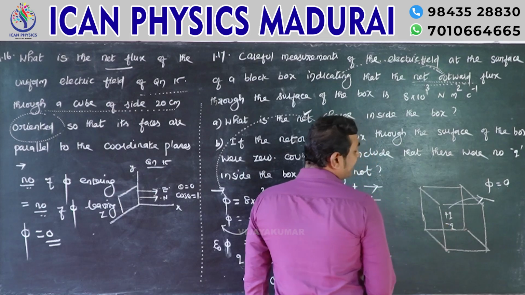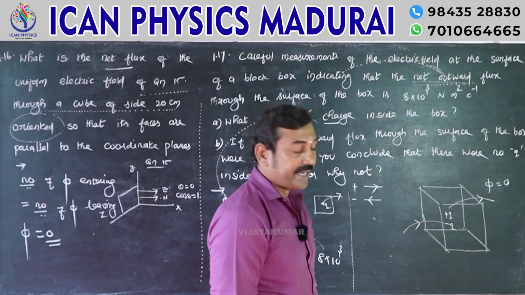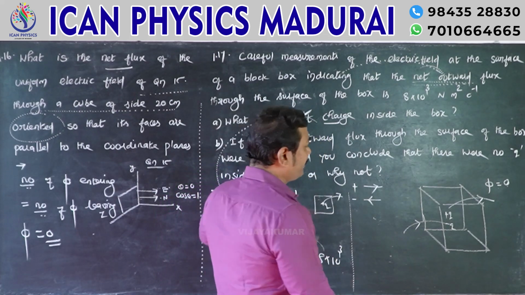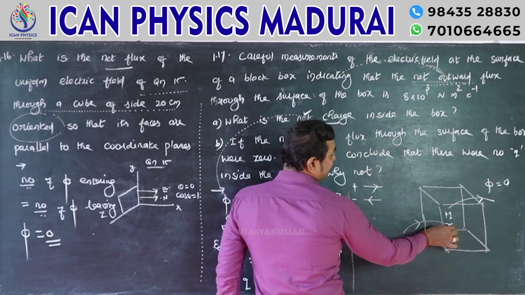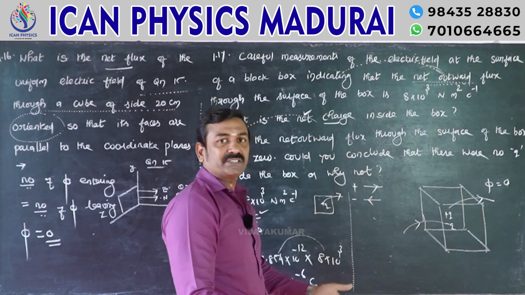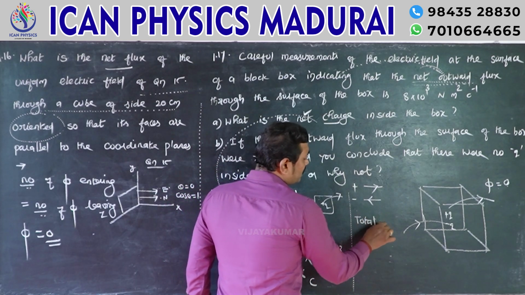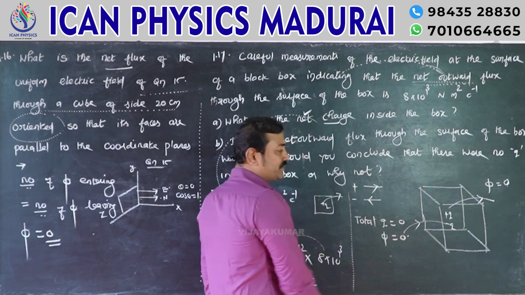Suppose I have a negative charge, then I get an inward flux. But the total flux is 0. Here, positive charge and negative charge, plus Q and minus Q, so the total charge becomes 0. When the total charge is 0, then the flux is 0.